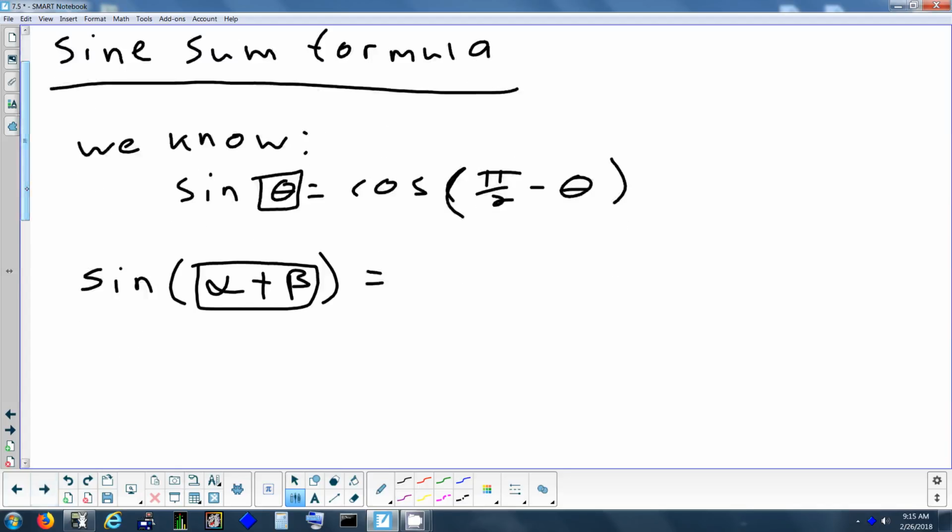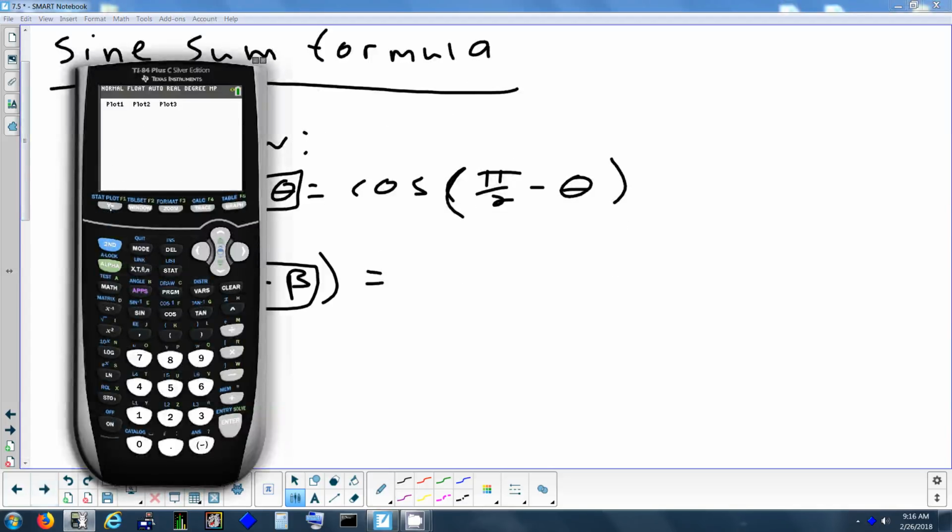Right. So there's the cosine. Let's take a look at sine. Now, to help you a little bit, I'm reminding you of a fact about sine and cosine. Sine and cosine are basically the same graph. They're just phase shifts of each other.